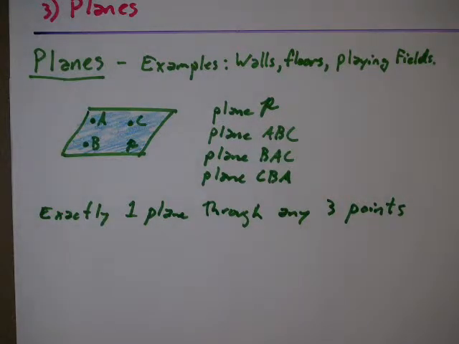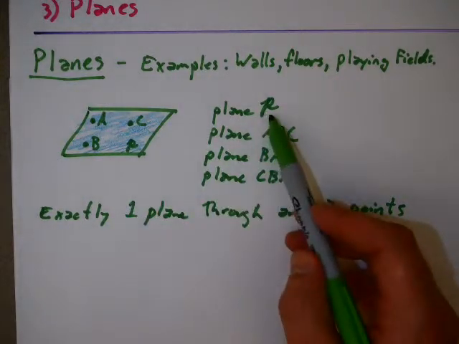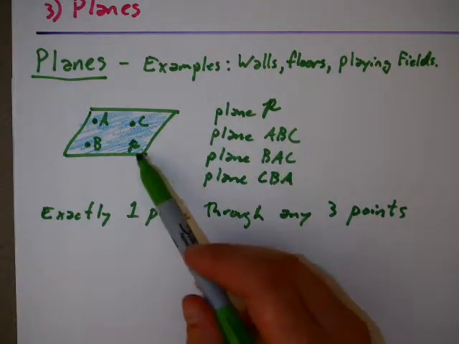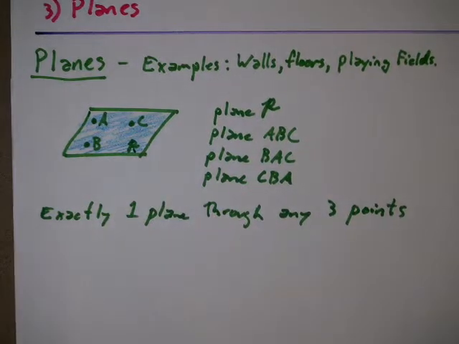And so that is the major aspects of what you need to know about a plane. A couple of things I should point out. Notice that I did not combine the script letter with the regular uppercase letters. You cannot do that. You would either name it by that or a combination of those three.